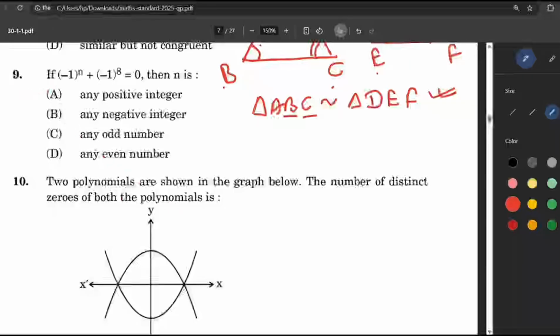Now here, question number 9. If minus 1 to the power n plus minus 1 to the power 8 is equal to 0, then we can write this expression in this way: minus 1 to the power n is equal to minus 1 to the power 8 brought to this side.